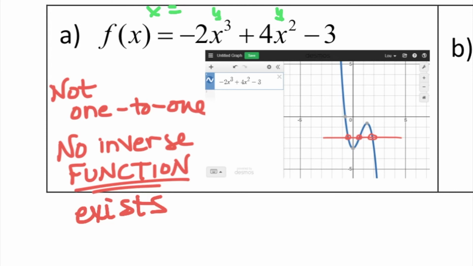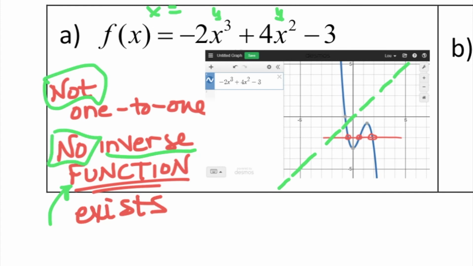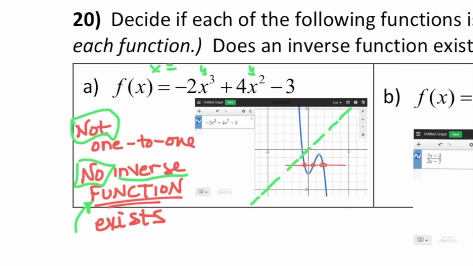And it would give you a graph that is a reflection of this, and it would not be a function. Well, in this context, we only care if the inverse is a function. And in this case, it's not.